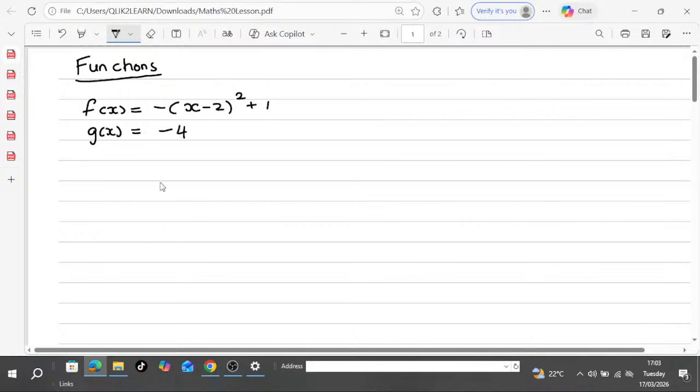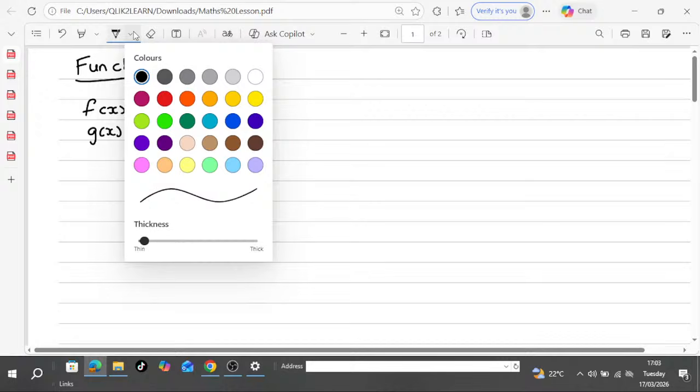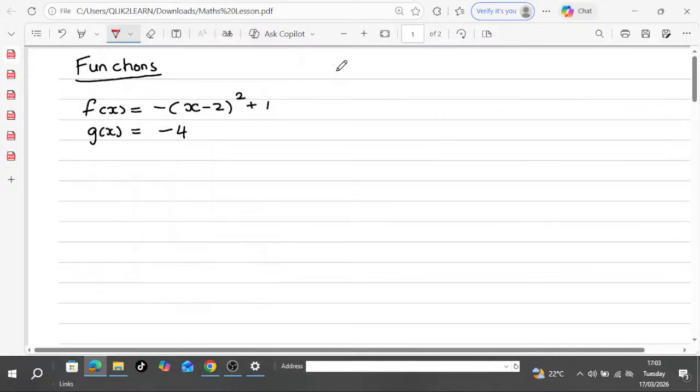First things first, let's start by drawing the graphs on the same set of axes. Then we're going to answer the questions based on these two. Let's start with the given one: y equals negative (x minus 2) squared plus 1.